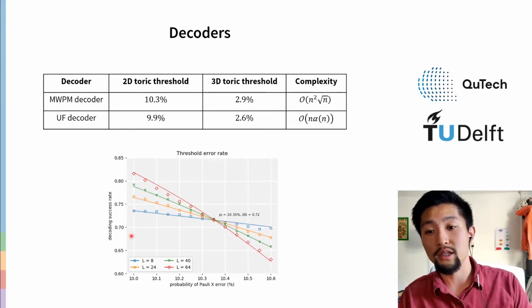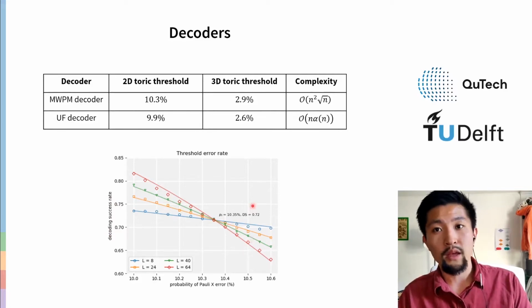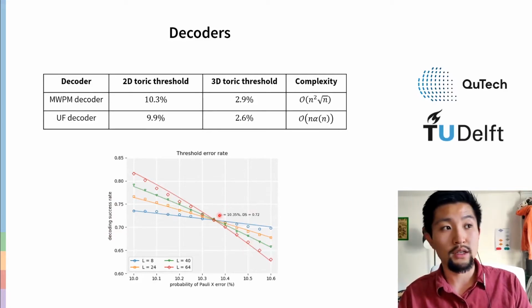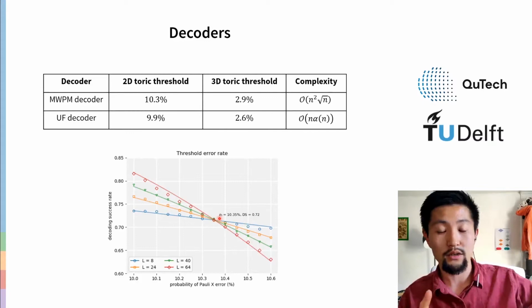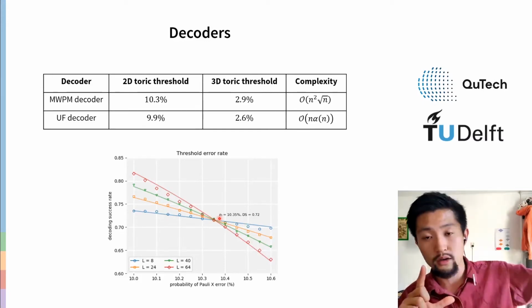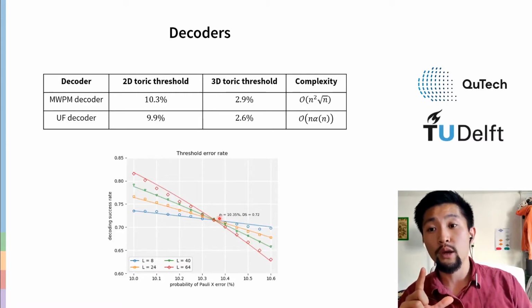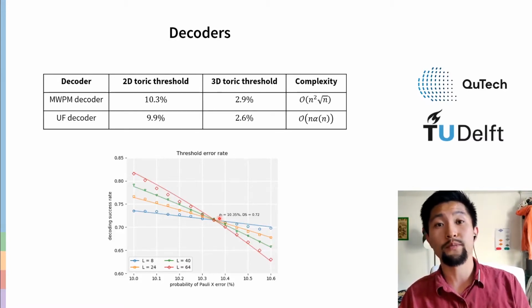And you can imagine that if the error rate goes up, the decoding success rate goes down. The threshold error rate is the error rate below which we can increase our input surface code, so we can have a bigger toric code or any type of bigger code, and we'll end up with a higher decoding success rate. Now that is something really nice to have.